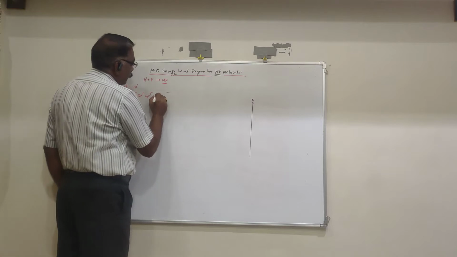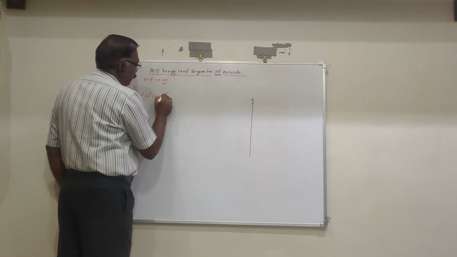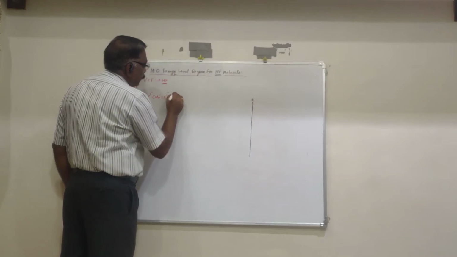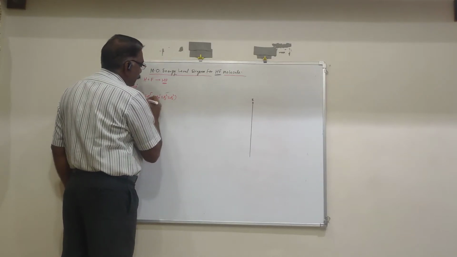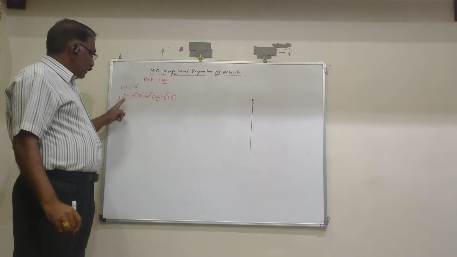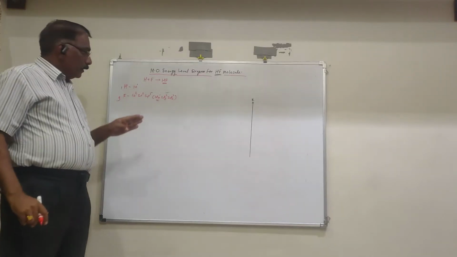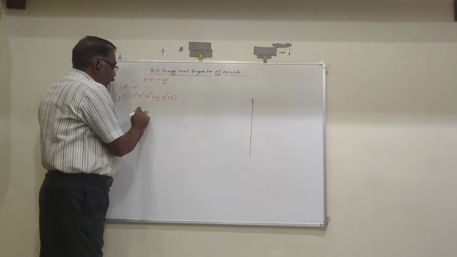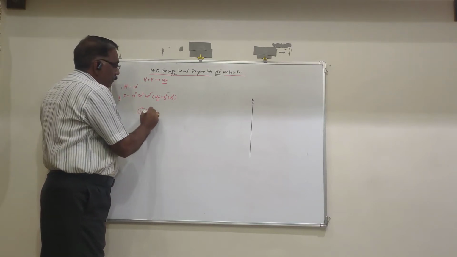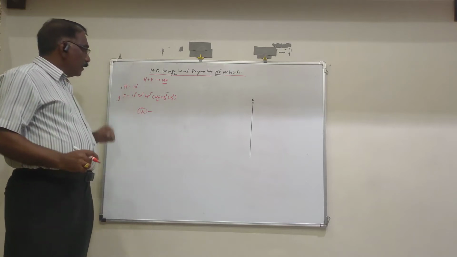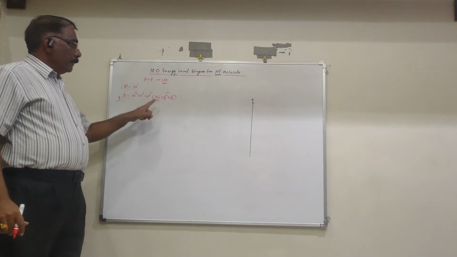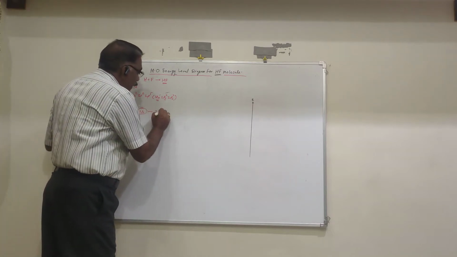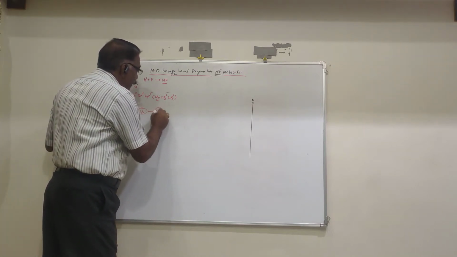This 2p5 is 2px1, 2py2 and 2pz2. Here the combination is of the 1s orbital of hydrogen with the 2px orbital of fluorine.